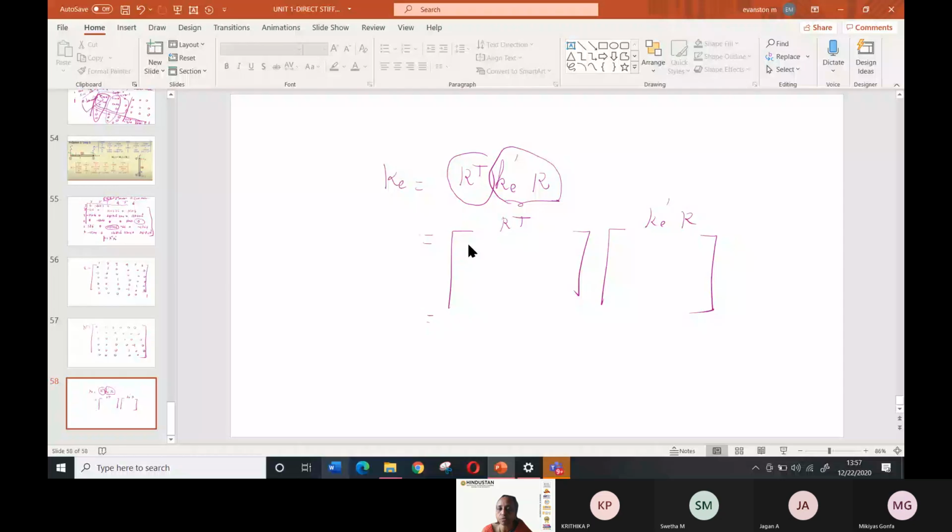If it is 1, 2, 3, 4, 5, 6, then you have to multiply the first row with the first column, you will get the first number. Then first row, second column, you will get the second number. First row, third column, you will get the third number.